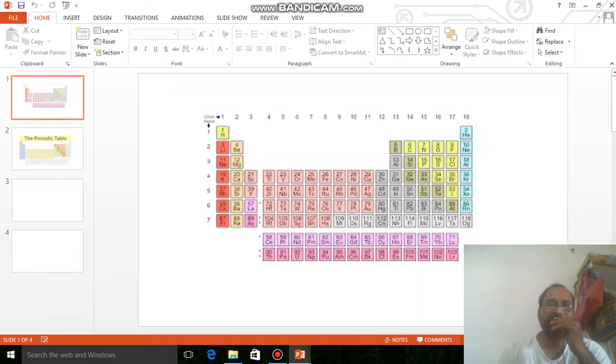See here I am showing the periodic table. The first 2 groups, 1 and 2, are S block elements, and 13th group to 18th group are P block elements. In the middle, 3 to 12 are D block elements. At the bottom of the periodic table are F block elements.